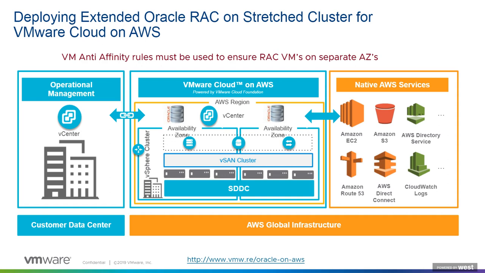Now let's look at deploying extended Oracle RAC on stretch clusters for VMware Cloud on AWS. With VMware Cloud on AWS, as mentioned before, ESXi hosts by default reside in a single AWS availability zone, and they are protected by vSphere high availability, the vSphere HA. Now, a feature called stretch clusters for VMware Cloud on AWS is designed to protect against an AWS AZ failure.